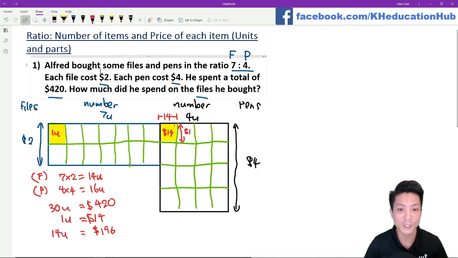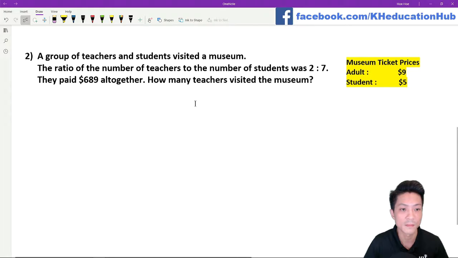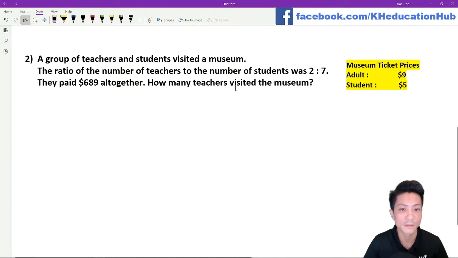We move on to the next question, which is similar to this. Question 2. A group of teachers and students visited a museum. The ratio of the number of teachers, remember this is a number, teachers to the number of students is 2:7.